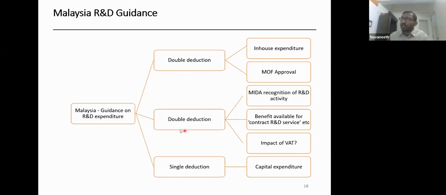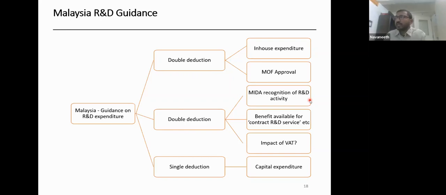You also have the ability to claim a double deduction where you engage this entity which is undertaking R&D activity from the MIDA. The approving authority in the two instances is different. The approach that is typically adopted is also different.